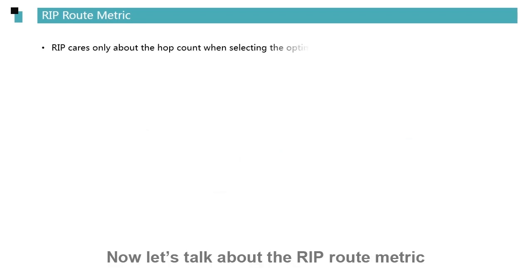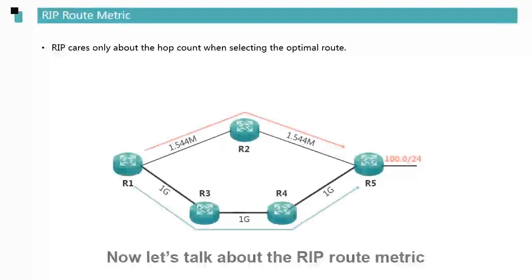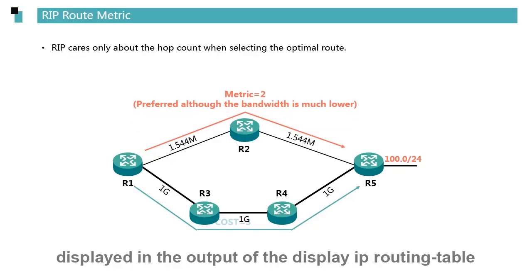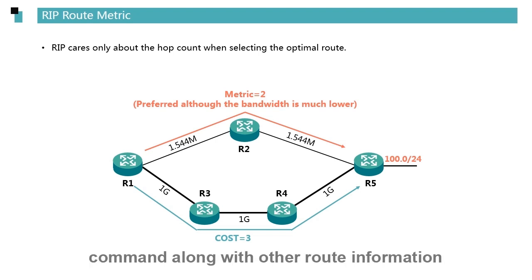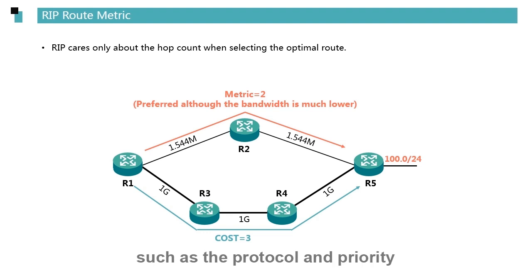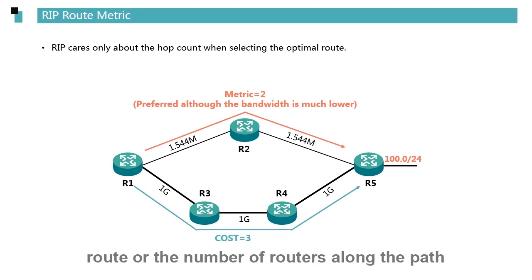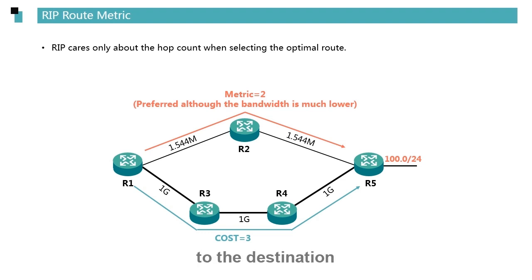Now, let's talk about the RIP route metric. The metric is also called the cost and is displayed in the output of the display ip routing-table command along with the other route information, such as the protocol and priority. In RIP, the metric refers to the hop count of a route, or the number of routers along the path to the destination.